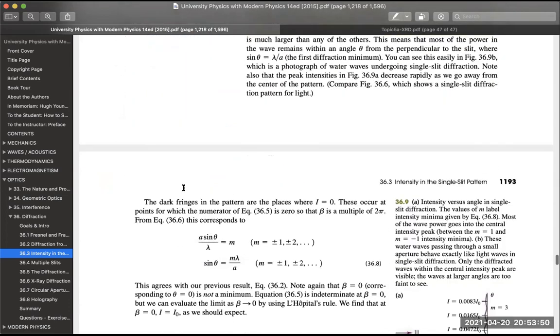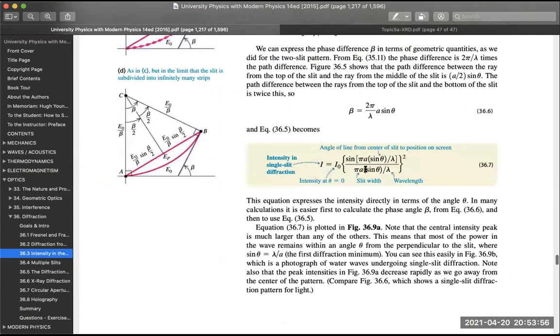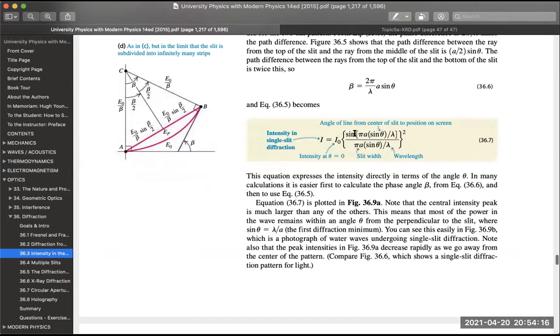Dark fringes are places where the intensity is 0. Sine theta is a geometrical thing having to do with the position of point P relative to the center line. That's not the 0 part. This is the 0 part: the sine of some stuff as theta changes.